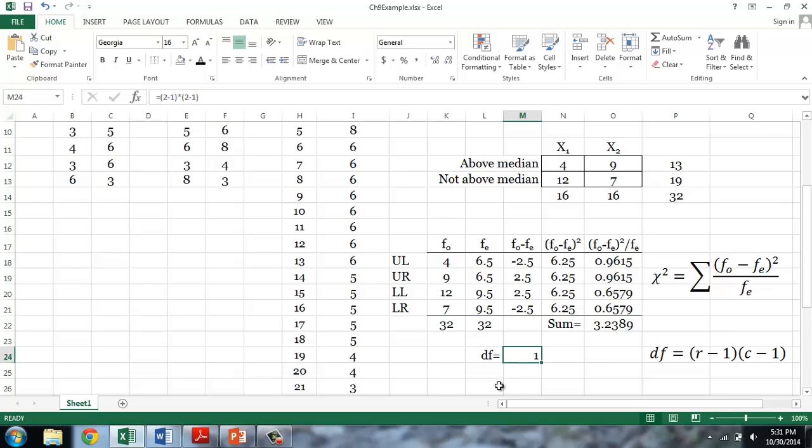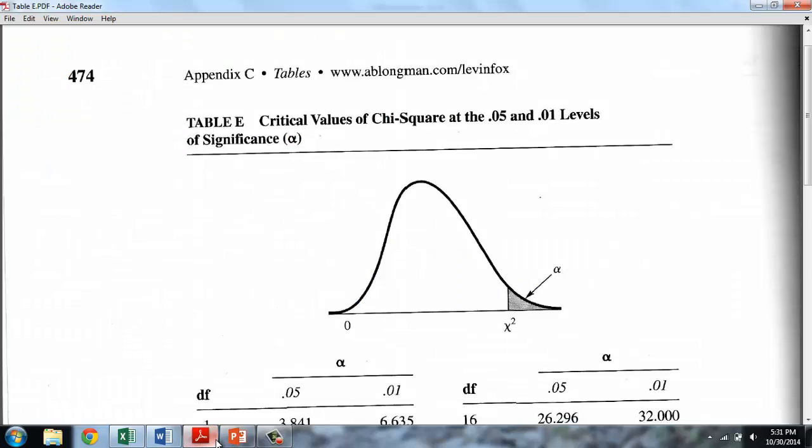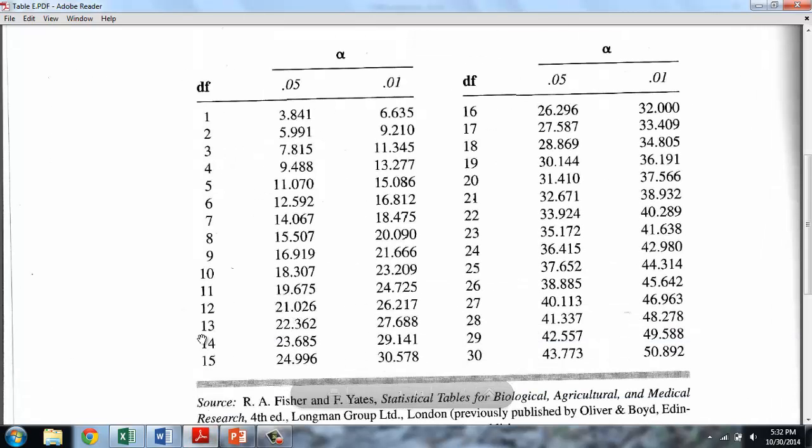We can now look up a critical chi-squared value from the table in the textbook. That table can be found on page 474. It's table E, which is critical values of chi-square at the 0.05 and 0.01 levels of significance. We'll use a 0.05 level of significance, and we see for 1 degree of freedom, the critical value is 3.841.